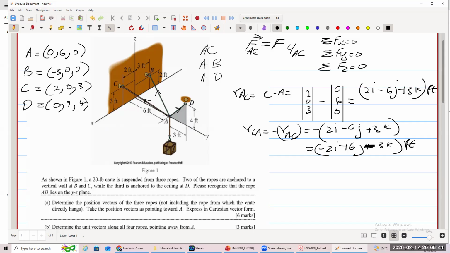All right. So that's really what they asked you for. And then they say you must also find BA, RBA. RBA is going to be A minus B. A is 0, 6, 0, and B is minus 3, 0, 2.